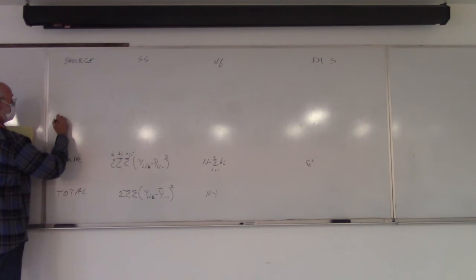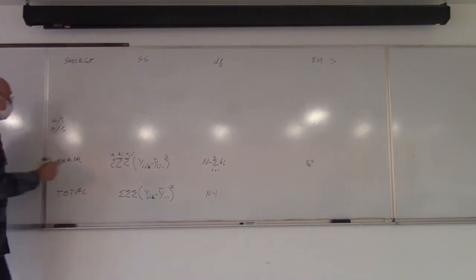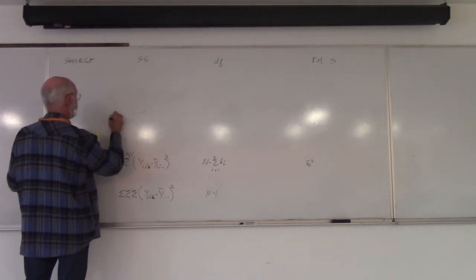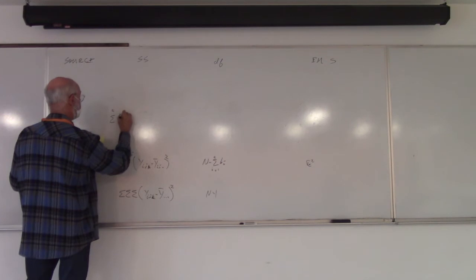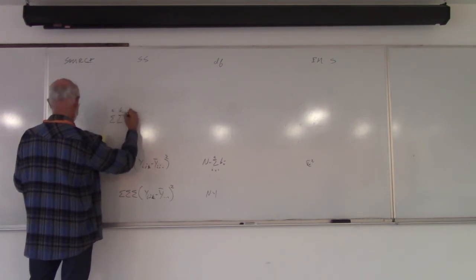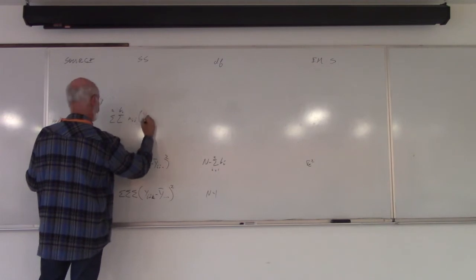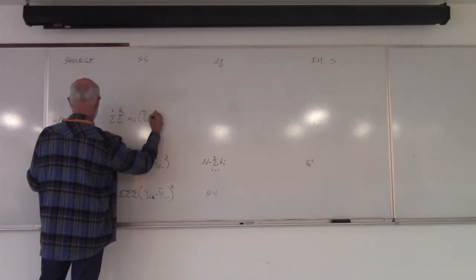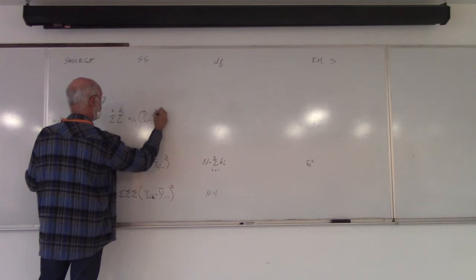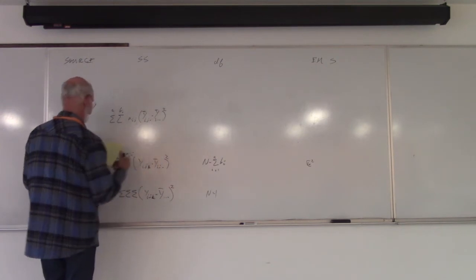Within treatment, among samples, I'm going to get the sum across A, the sum across B sub i of Nij times Yij dot bar minus Yi dot dot bar quantity squared.